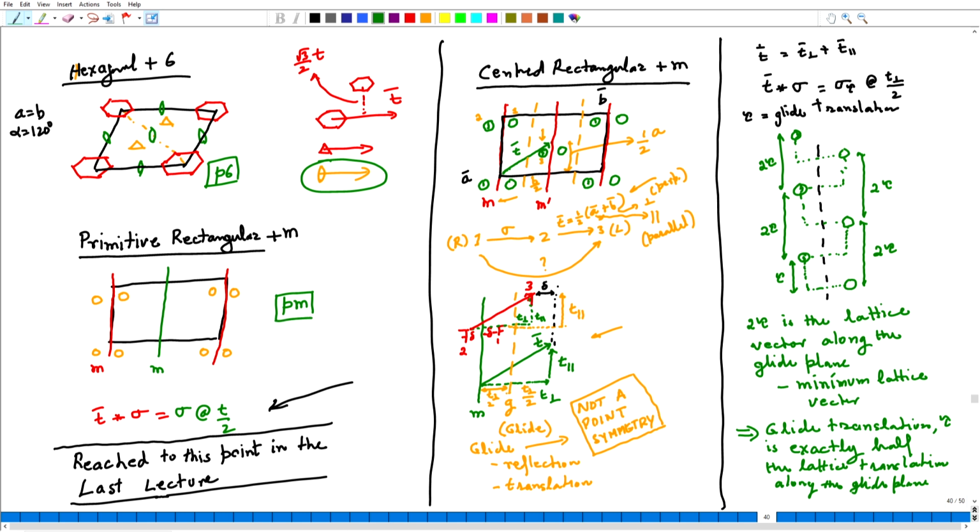And then we come to centered rectangular. Well, for centered rectangular, instead of P, I will use the letter C. So, C stands for centered lattice.